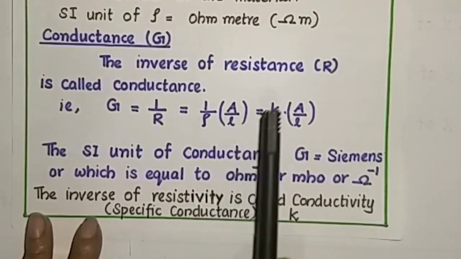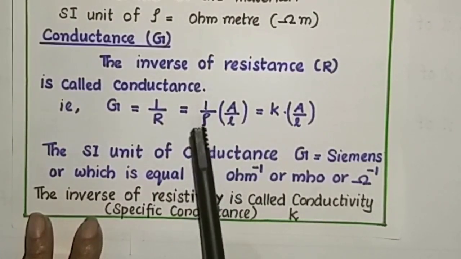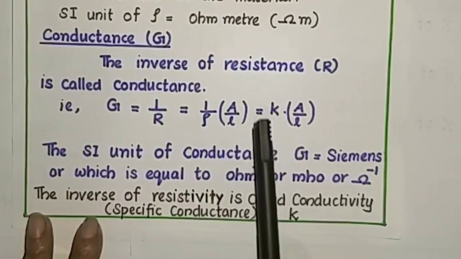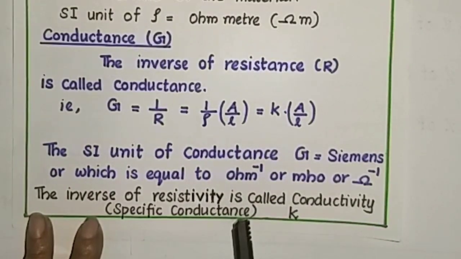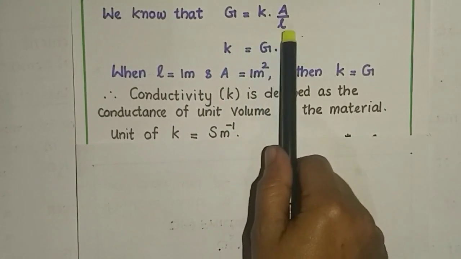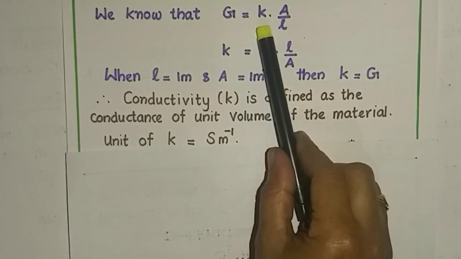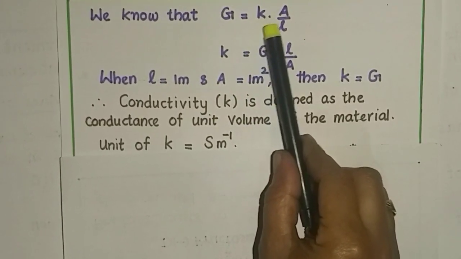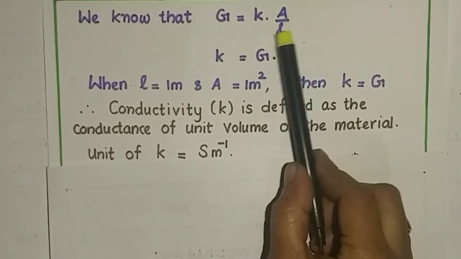The inverse of resistivity is called conductivity or specific conductance. We know that G is equal to K into A by L, where G is the conductance, K is the conductivity, A is the area of cross section, and L is the length of the material.